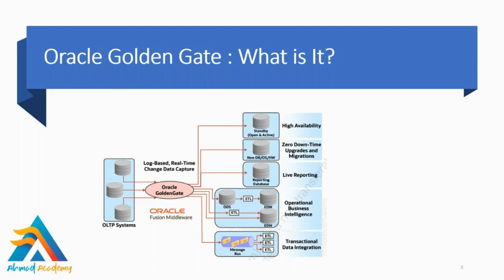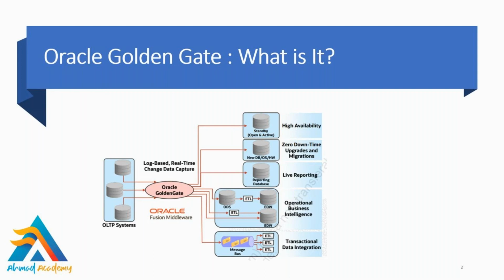In the diagram, we have database, enterprise data warehouse, ETL meaning extract, transform, and load, HW meaning hardware, ODS meaning operational data store, OLTP meaning online transaction processing, and OS meaning operating system.